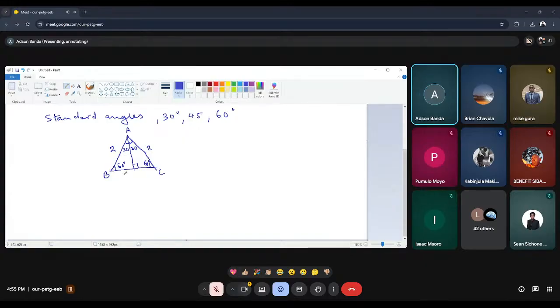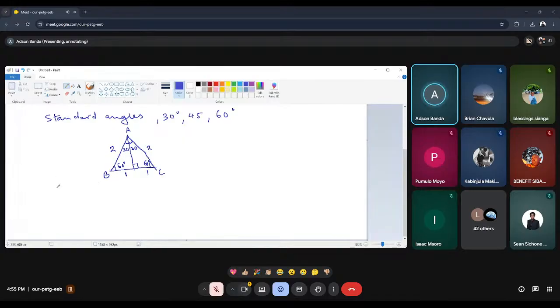Right, so if we bisect this, then we said that the side is 2, so it means that we are cutting that line BC into two parts which are equal.